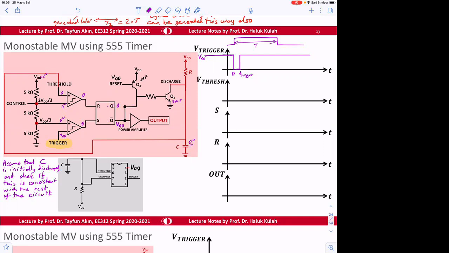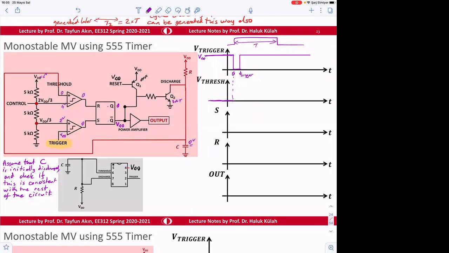So everything is consistent for this kind of case. The threshold voltage was what? 0, because it's connected to the capacitor voltage. So the threshold voltage would be 0 until we have a trigger coming.